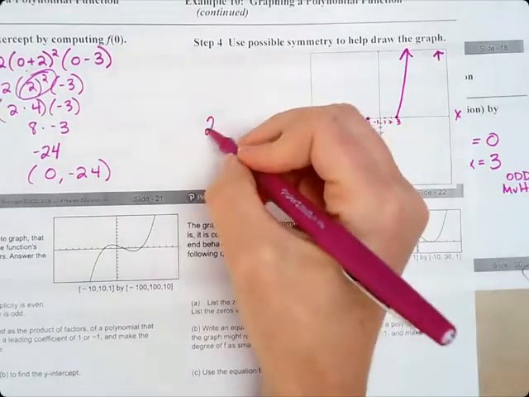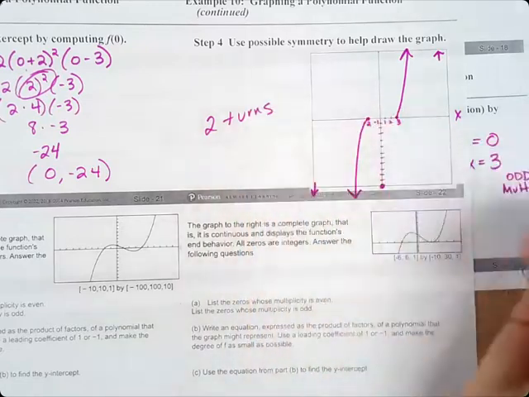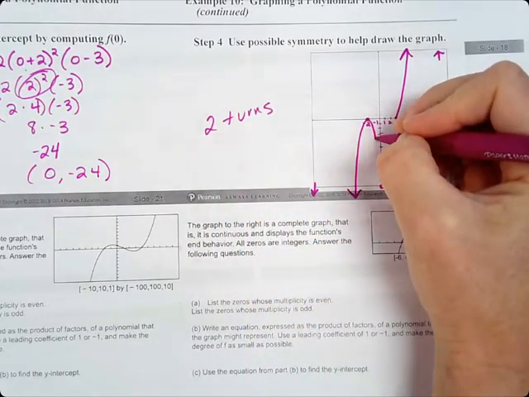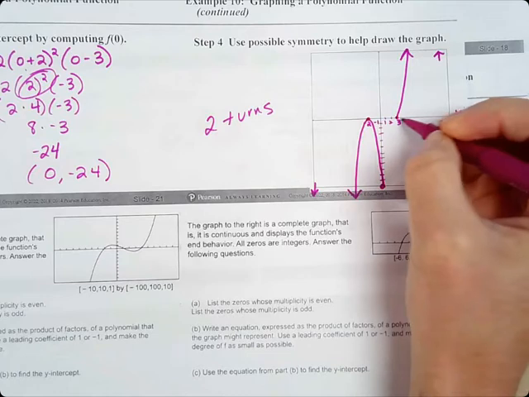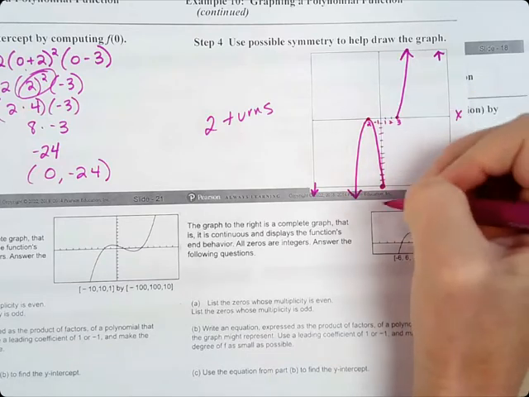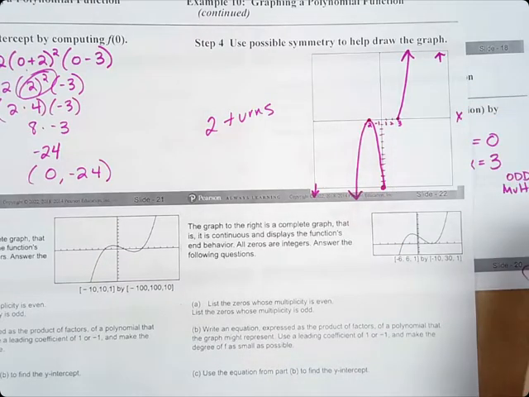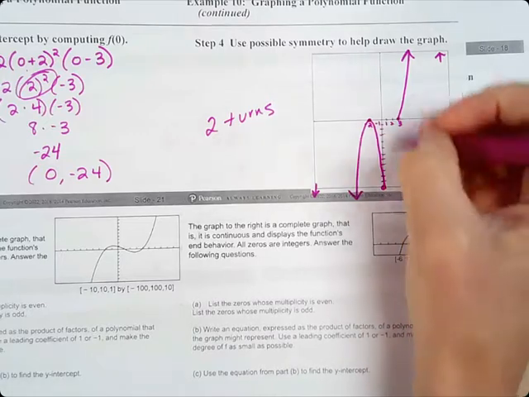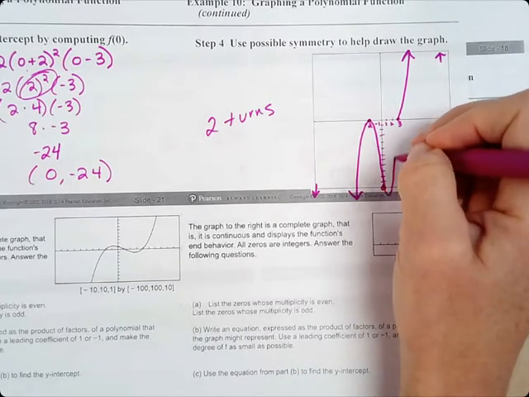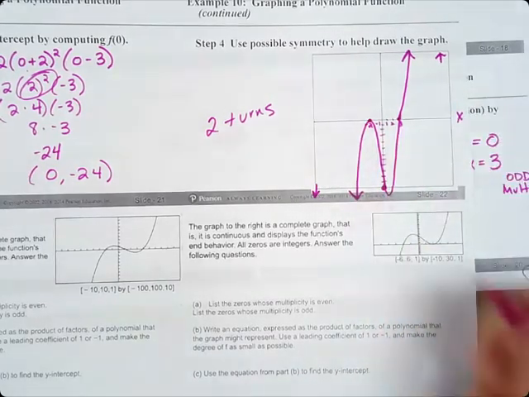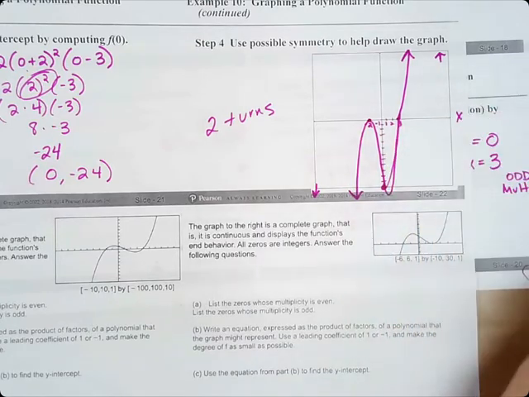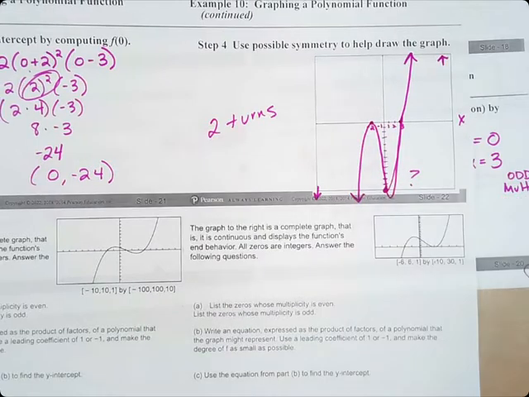Yeah, 2 turns. So we know it's going to go something like this. Not sure where it's going to turn here, but we can use our calculator. I'm just going to do it like that. It might be that it turns completely around right there. Not sure. So you can use your calculator to look at that.